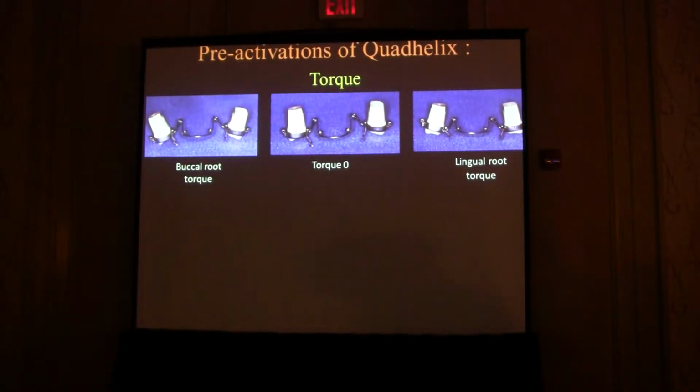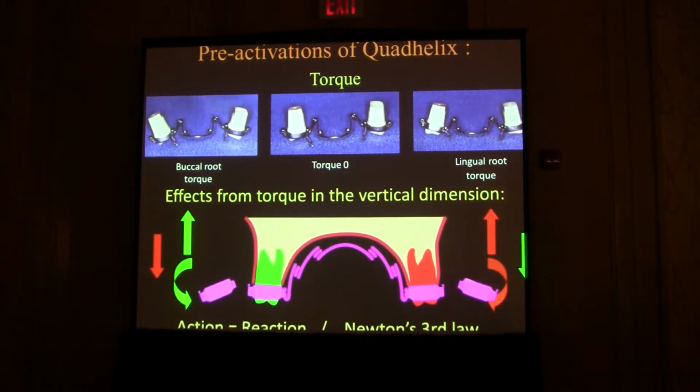The quadratics can also be adjusted with or without torque. We must beware of vertical effects because the buccal rod torque will induce an intrusion of the molar and an extrusion of the molar on the opposite side. If we do not wish for the molar to move vertically, we must keep a perfect symmetry of the torque. Also beware of the sealing of the quadratics, which can create a differential torque.